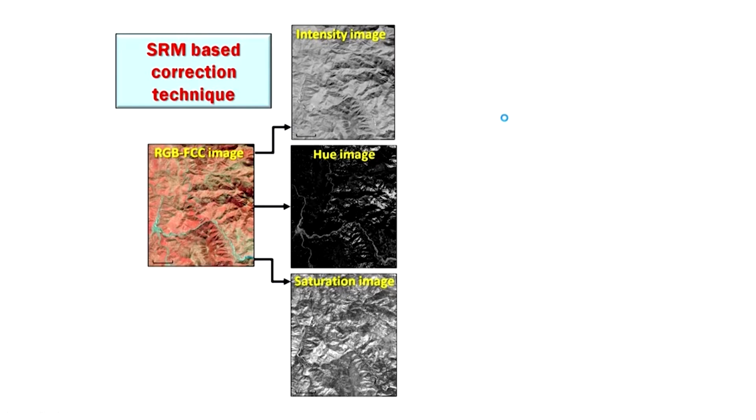So, what we did, we split this RGB or FCC image into three components, IHS. Again, you are playing within the color space. First, the RGB image was made using 3 bands of the sensor, or the satellite bands, to make this color composite.